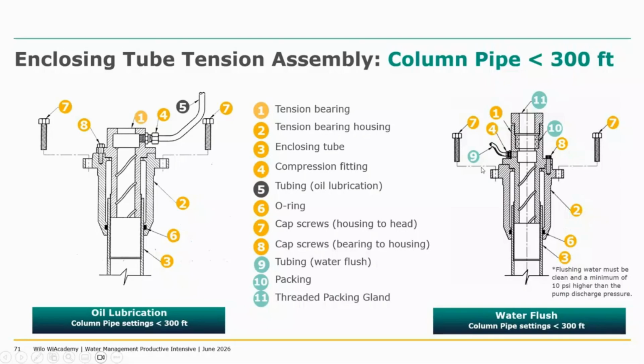For the water flush, you have the tube water flush line number 9 to force water into the spiral groove to lubricate the shaft, because the water is introduced with pressure. So we need some kind of mechanism to seal it. 10 and 11 are just the packing and threaded packing gland to complete the whole assembly.